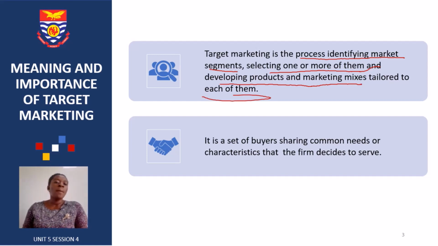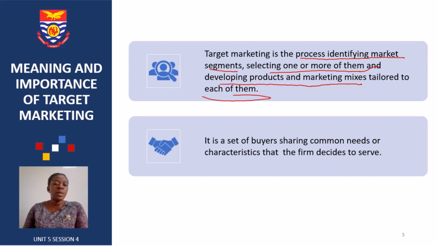So target marketing is that you want to identify, I want to serve X market. In market X, there are about 4 segments, A, B, C, D. I want to target A to serve. Then you channel your product and your marketing mixes towards the A you've chosen. That is what target marketing is about.